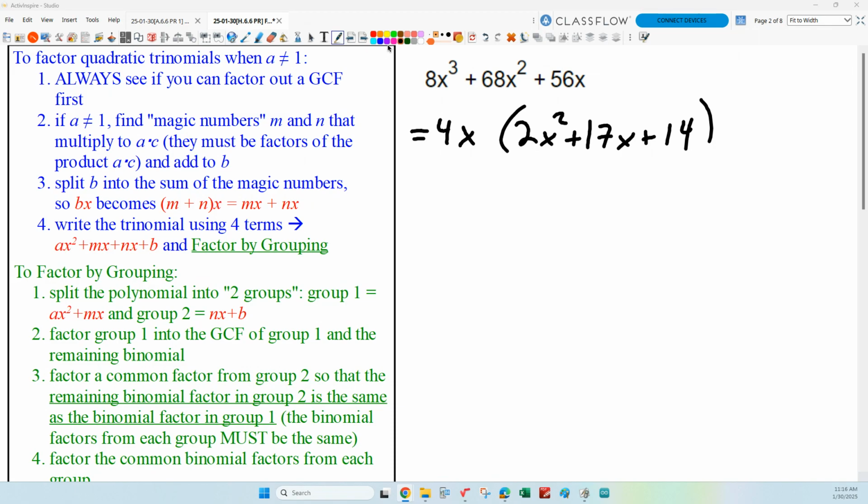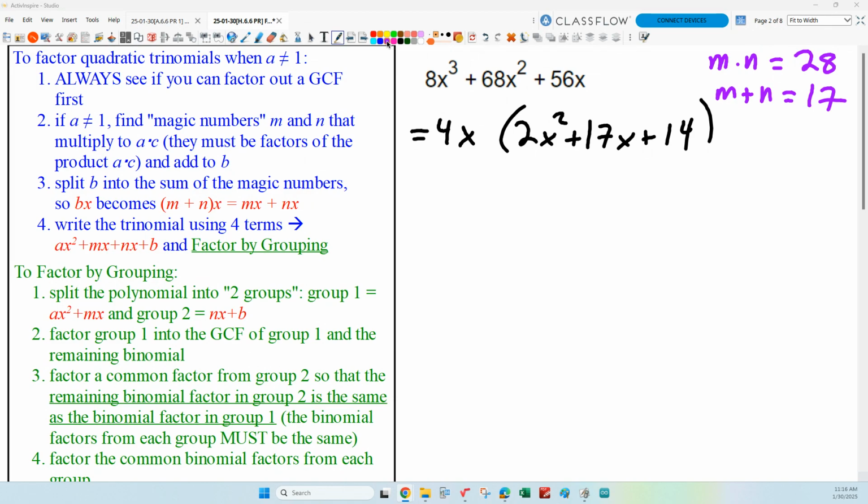So what would my magic numbers, which we'll call m and n, have to multiply to? 28. They multiply to the product of the outer coefficients, right? What do they have to add to? 17. They add to the middle coefficient.